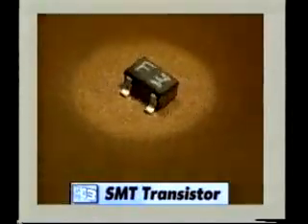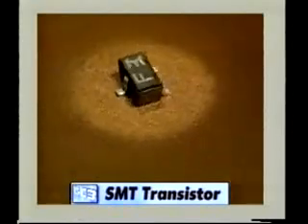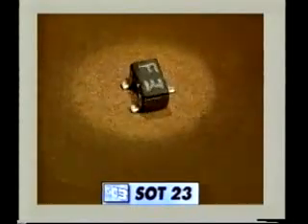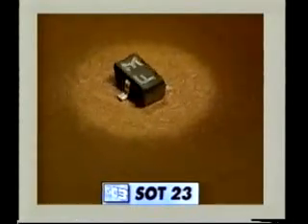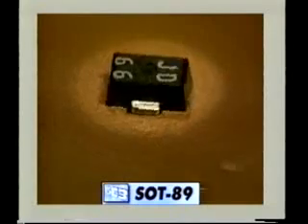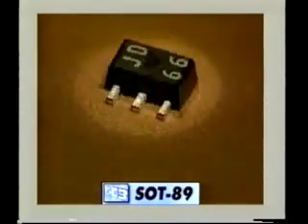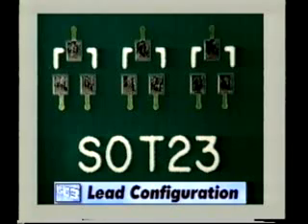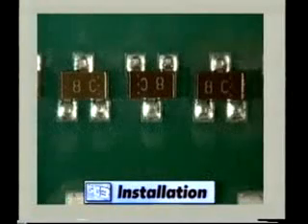Surface mount transistors come in packages called small outline transistors, or SOTs, with names like SOT23 or SOT223. These transistors have between 3 and 5 gullwing leads. Installation direction is determined by lead configuration.